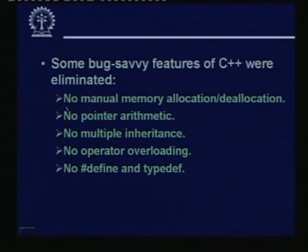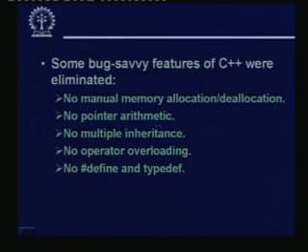Some of these are: manual memory allocation and deallocation was removed. So, a user would not be able to allocate memory manually or deallocate it, which was considered to be a very problem creating feature of C, which frequently led to segmentation faults, this kind of errors, if there was some error in pointer manipulation.